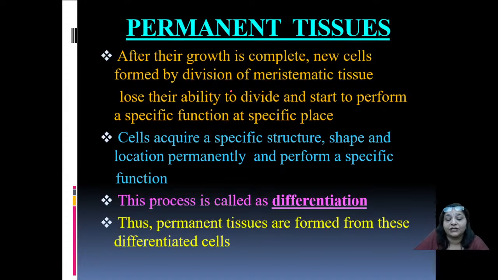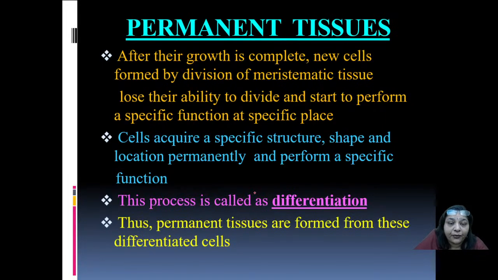Now this process is called the differentiation process, where the simple newly divided cells start undergoing changes and modify into different types of tissues which are different in shape, size, and structure. Accordingly they perform the functions.